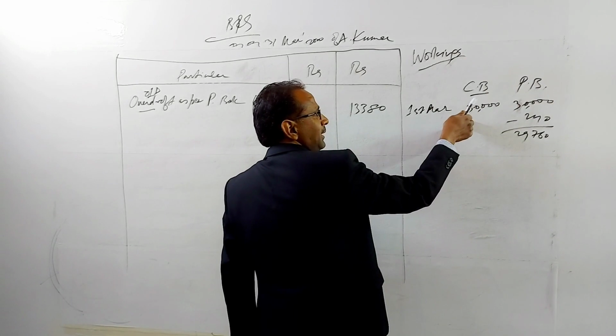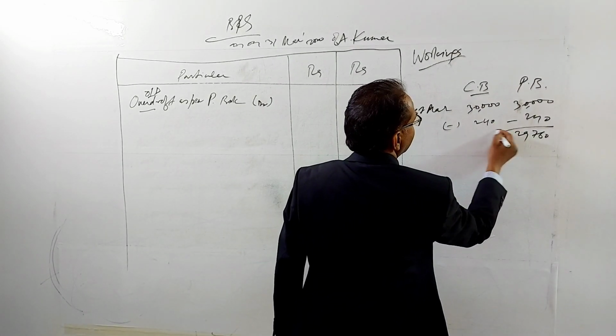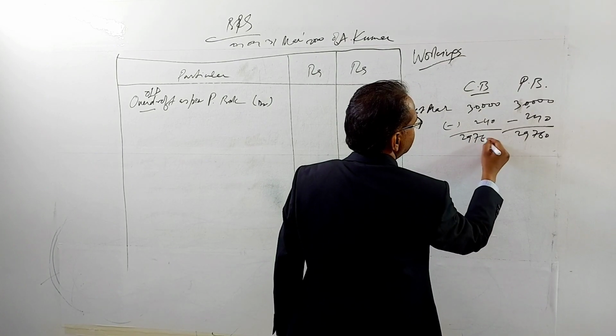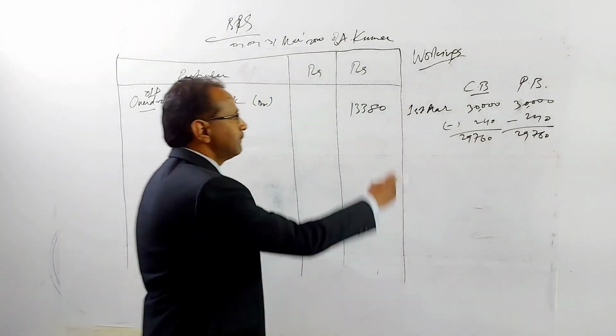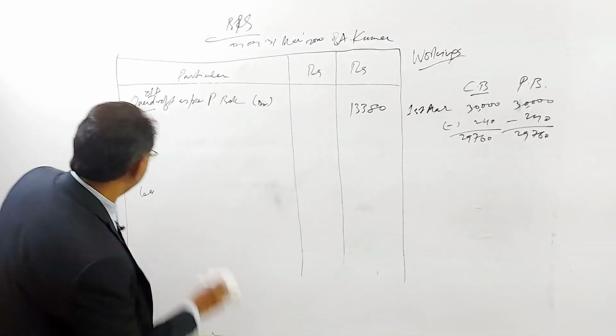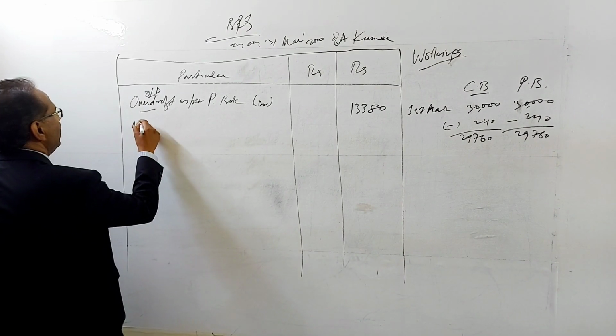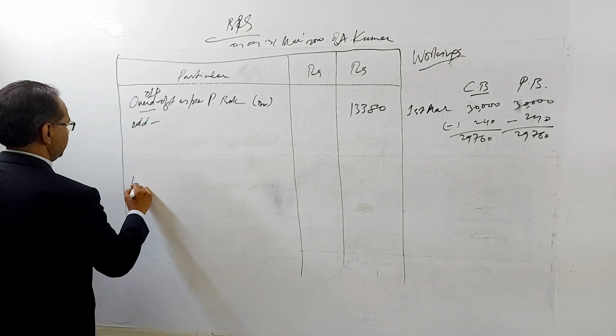So we have to make the adjustment on the right side. This will also be 29,760. Okay. So this is minus also. So here it is add, here I'll make less.